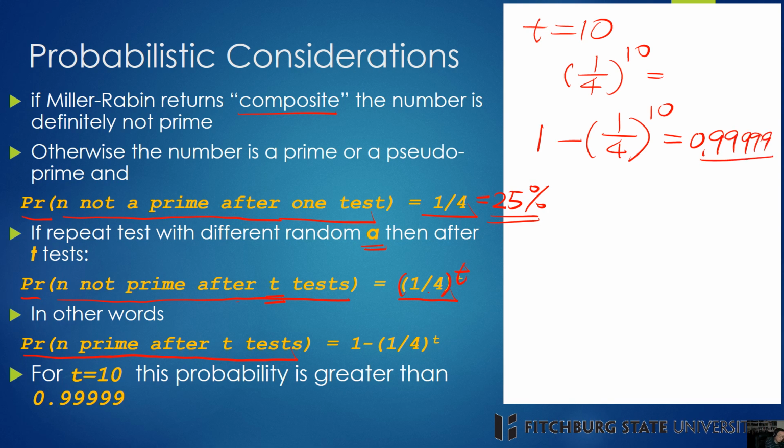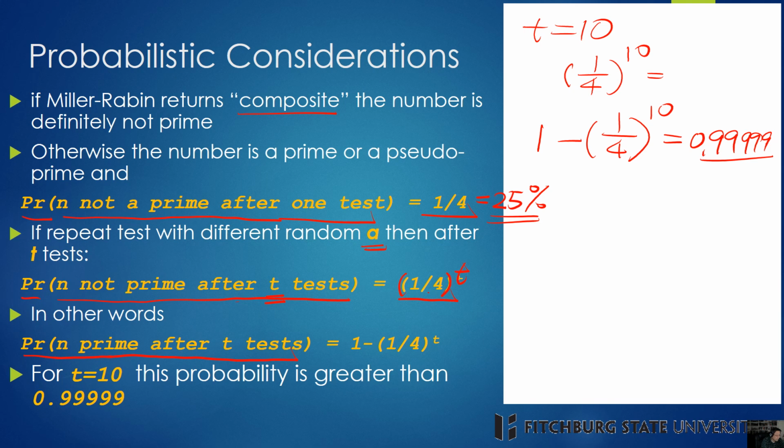So after 10 tests using Miller-Rabin, the chance that n is a prime number is 99.9999%. That's very, very close to 100%.